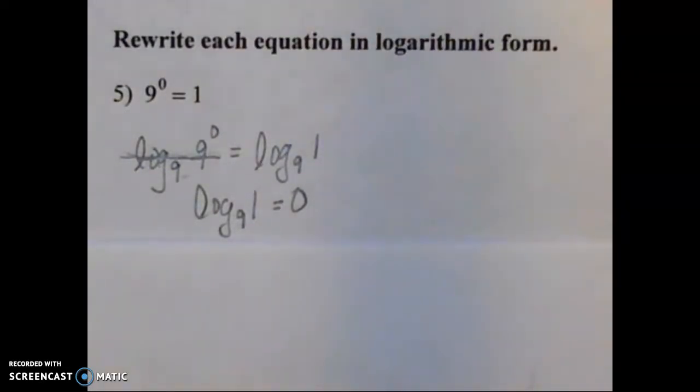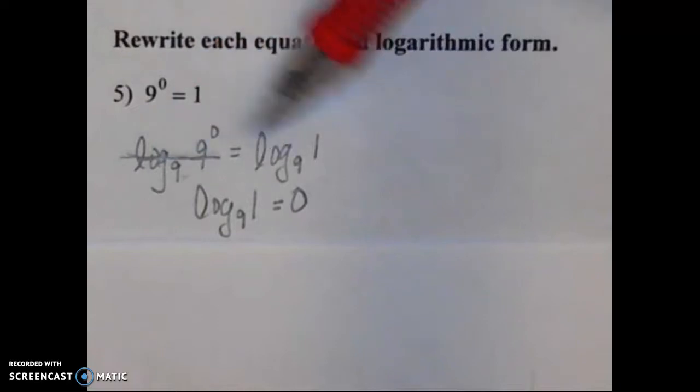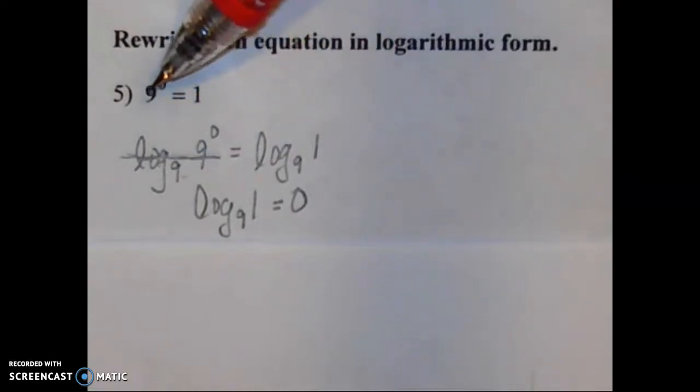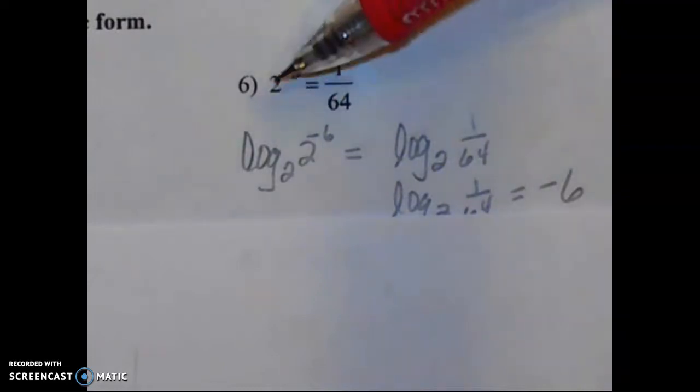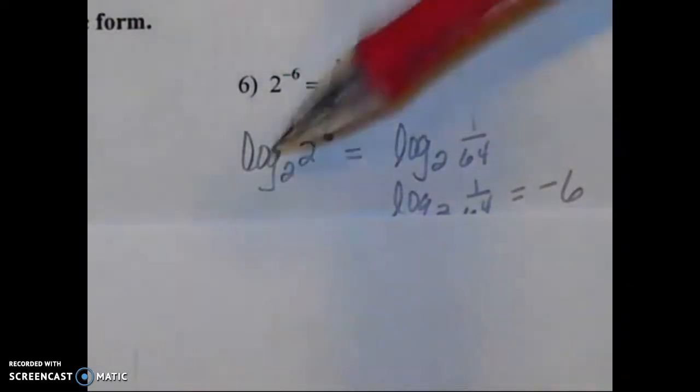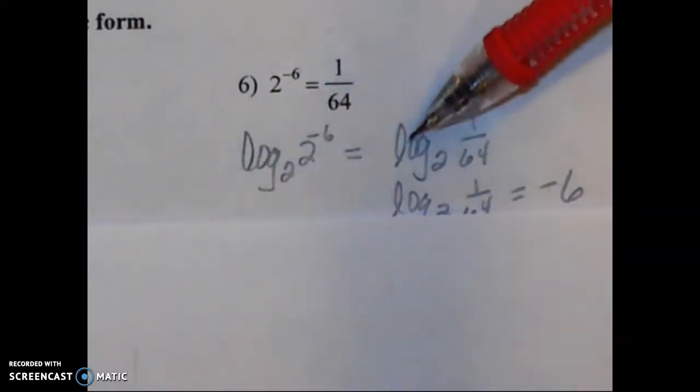So here's the scoop. You look at the number that has an exponent, whatever the base is, that's what you're going to multiply the left and the right side by. So it would be log sub 9 here. For number 6, because it's a 2 with an exponent, you're going to multiply on both sides by log sub 2.